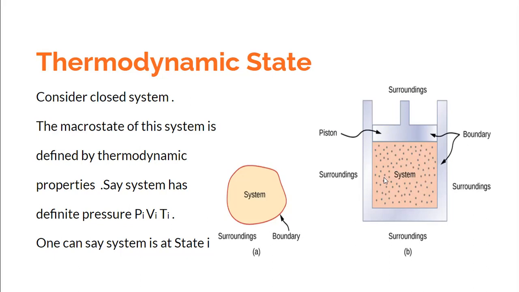So then we can say that this gas, which is a system, now obviously it's a closed system because there is no mass interaction with the surroundings. We can say that this system is at a particular state, and we can call it as the state I. So this is how we, with the help of thermodynamic state, describe a system.